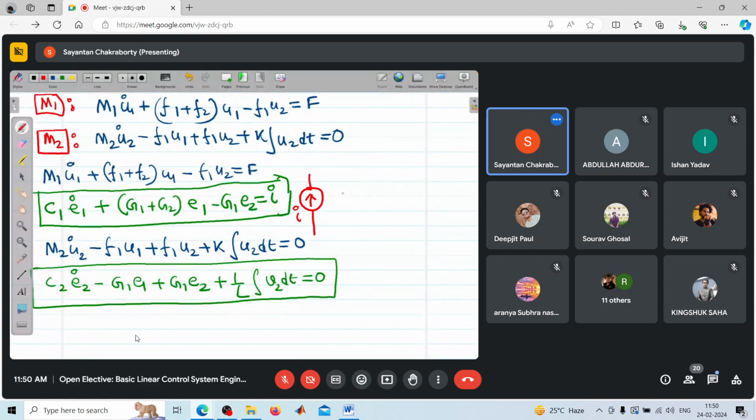Now this current source which generates a current I is flowing through a set of components, and see this C1 E1 dot, that means if you have a polarity E1, then this indicates there is a capacitor with a capacitance C1 that causes a current C1 E1 dot to flow.